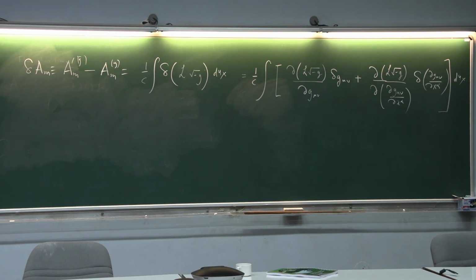And therefore, delta of del G mu nu by del x alpha by definition is del G bar mu nu by del x alpha minus del G mu nu by del x alpha.